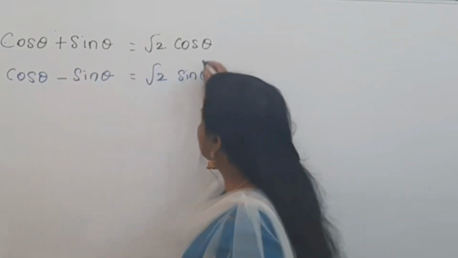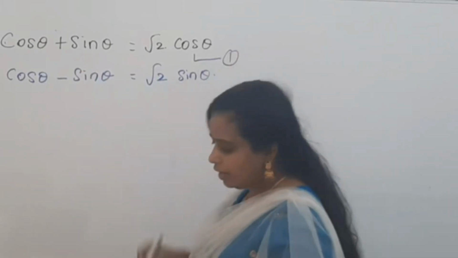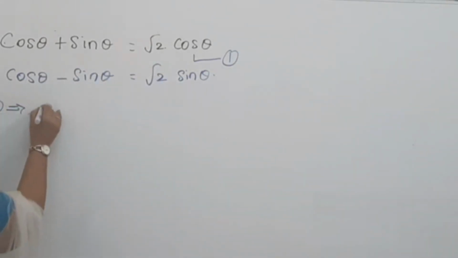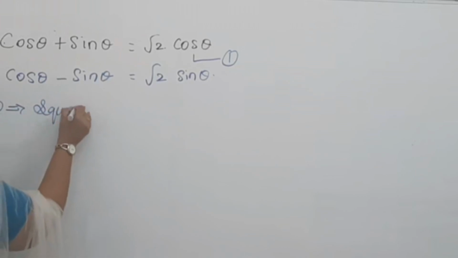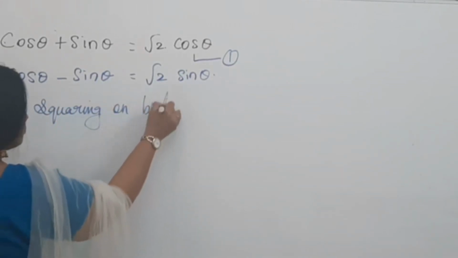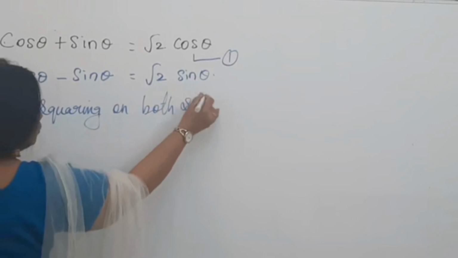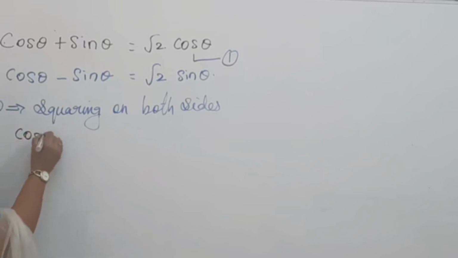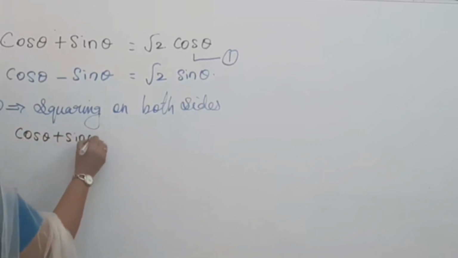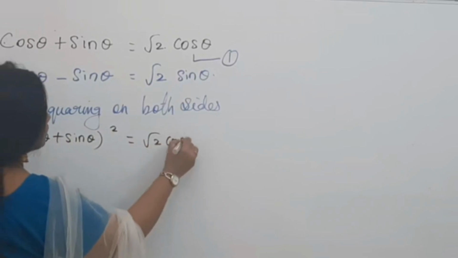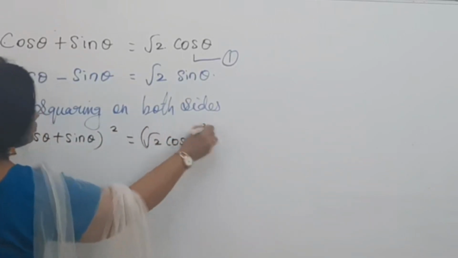So what will I do? I will name this as 1, squaring on both the sides. So what will happen here? That is, cos theta plus sin theta, the whole square, is equal to root 2 cos theta, the whole square.